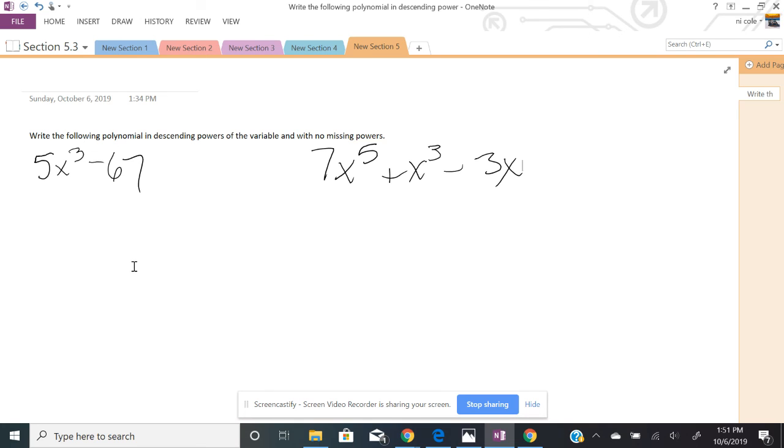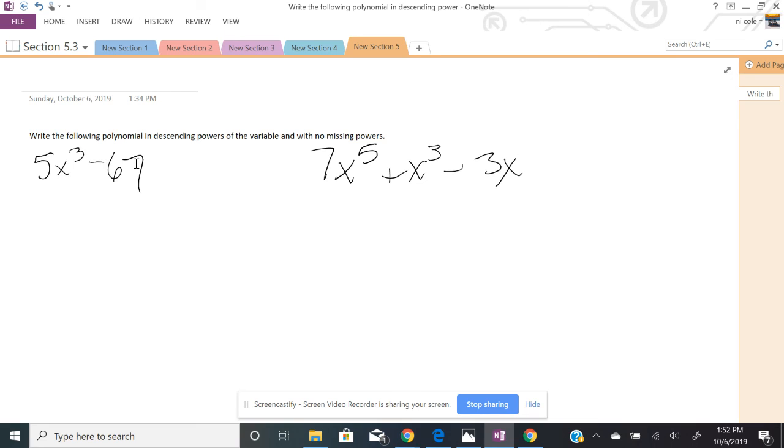The other thing you're going to have is to write the following polynomial in descending powers of the variable with no missing powers. So if I look at this first example, it is in descending order, but it has powers missing. So what's lower than x cubed? Well, I need an x squared. Do I have that? No, so I need to make sure I have an x squared.